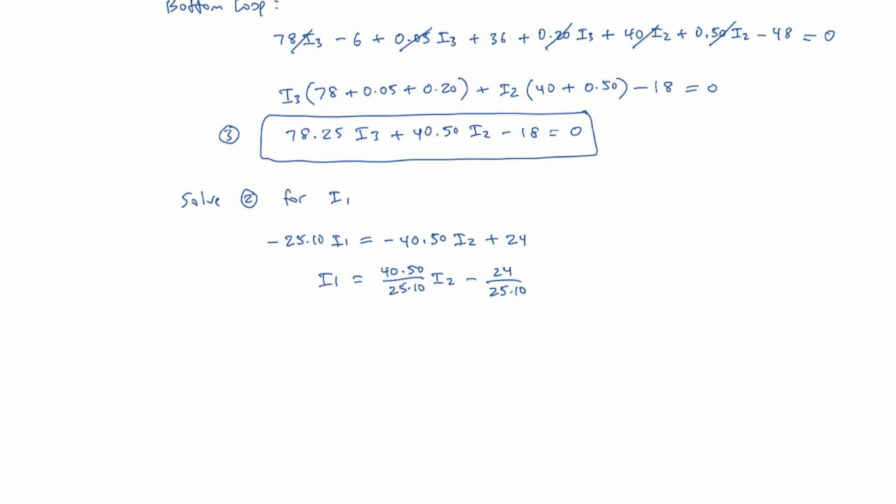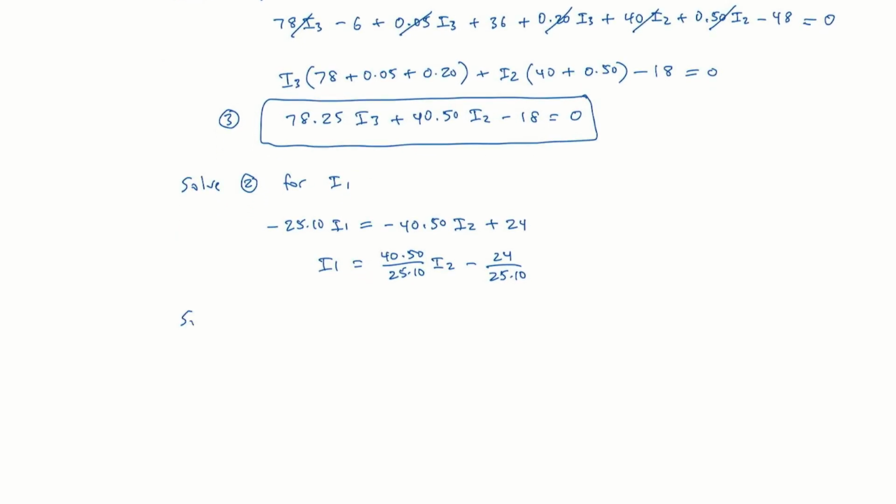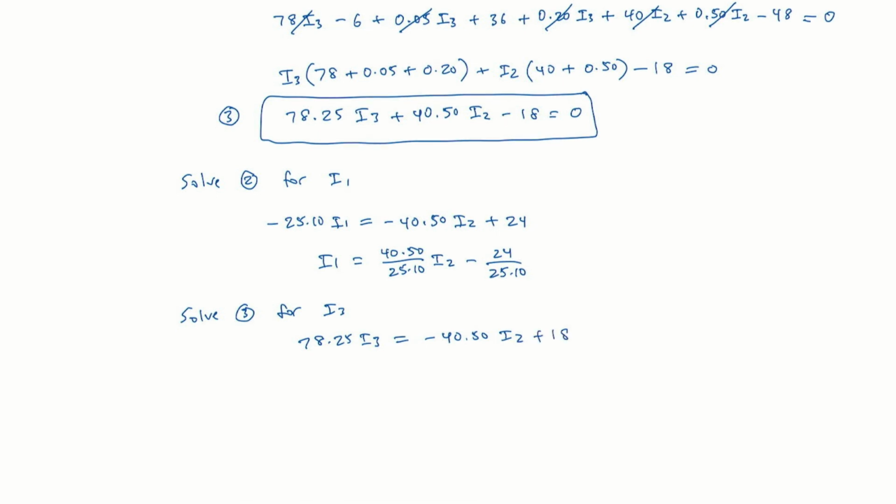Now we will solve equation 3 for I3. Okay, so we've got 78.25 I3 is going to be equal to minus 40.50 I2. And then we're going to be adding that 18 to both sides.